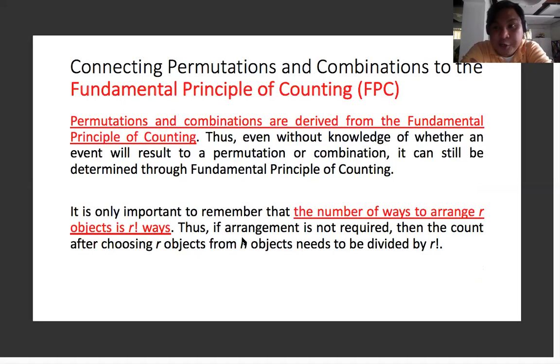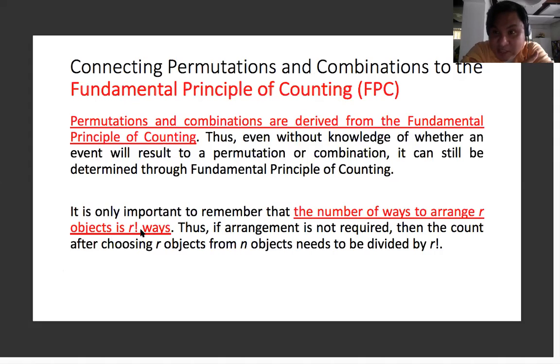So as I mentioned earlier, the fundamental principle of counting is still the parent of permutations and combinations. So even if you forget how to use permutations and combinations, as long as you understand the fundamental principle of counting, then it should be no problem. The only important thing to remember is that the number of ways to arrange our objects is our factorial ways.